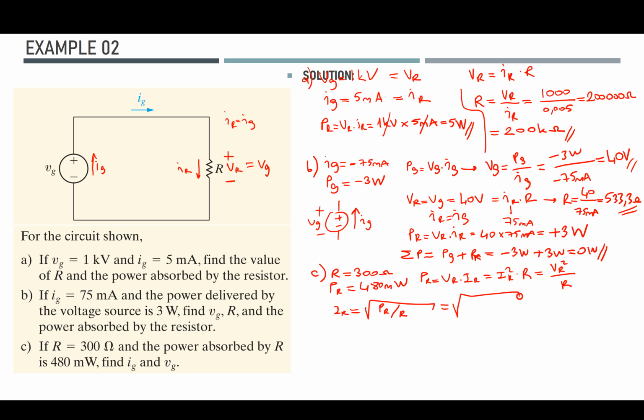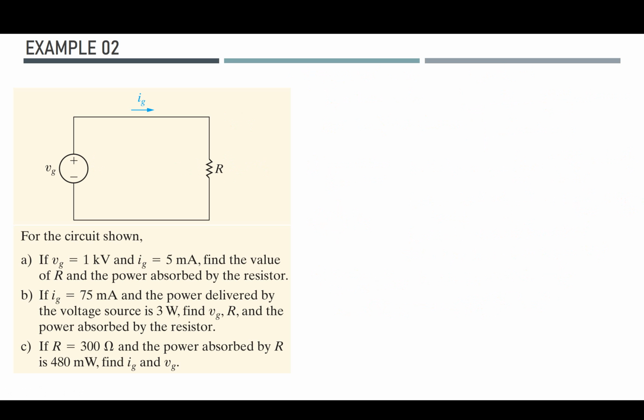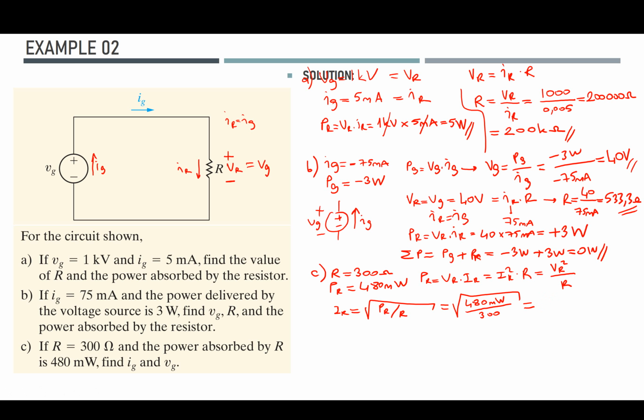So I simply put this into my equation, 480 milliwatts over 300 ohms. That would give me, which will translate into 40 milliamps.